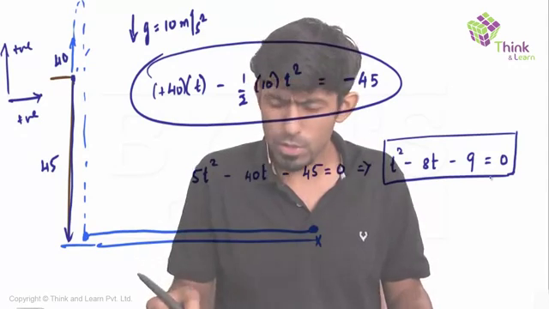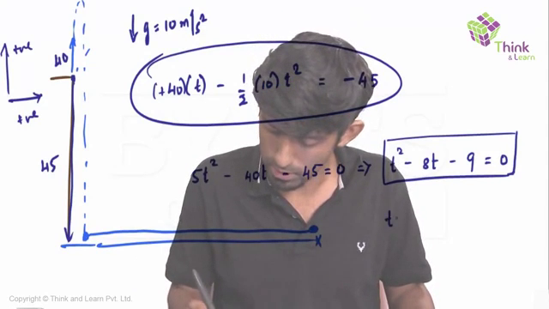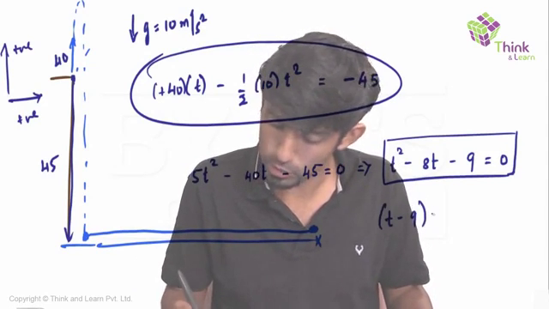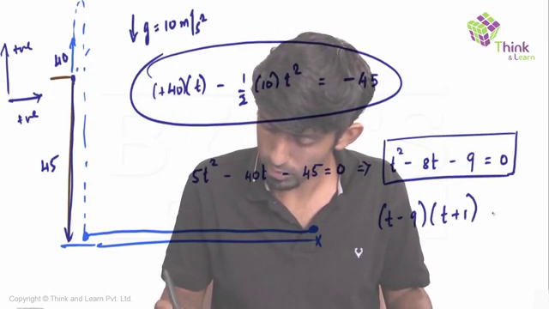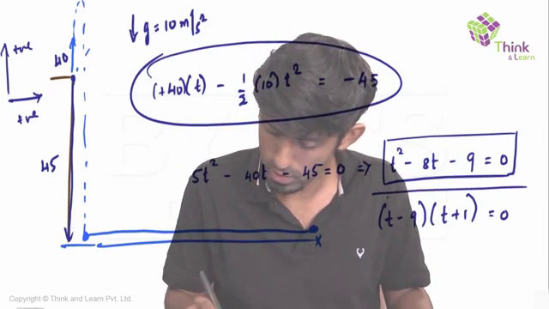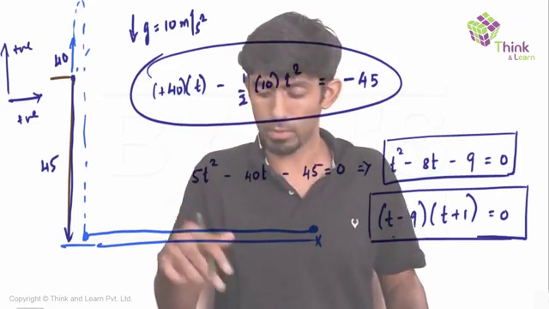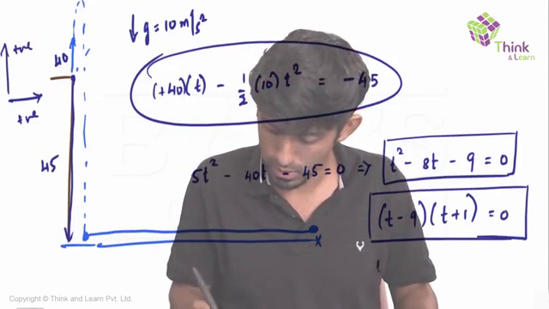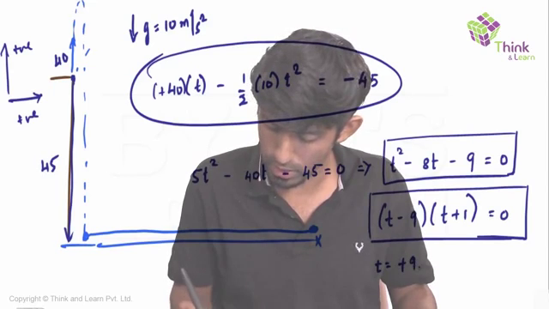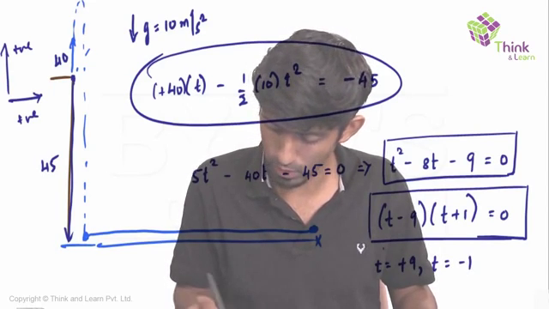Now this equation happens to be factorizable, right? You can see t minus 9 and t plus 1 will be the factors for this equation, which means the solutions are t equal to plus 9 and t equal to minus 1.